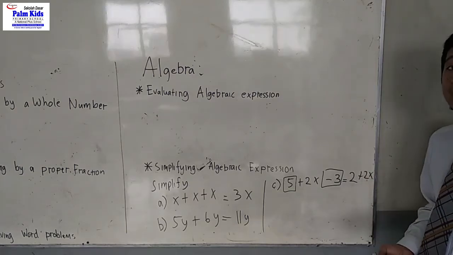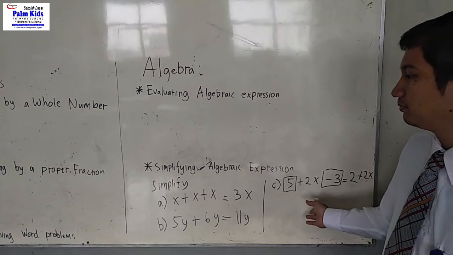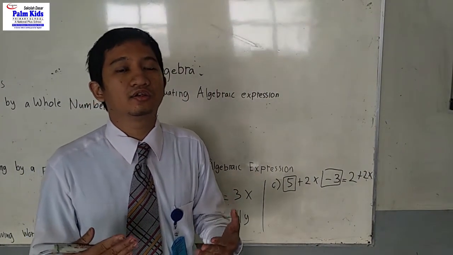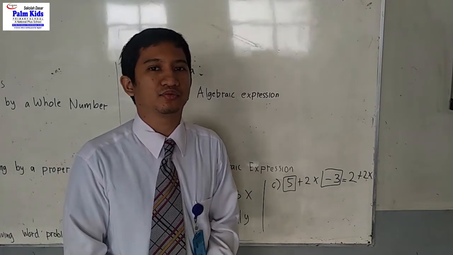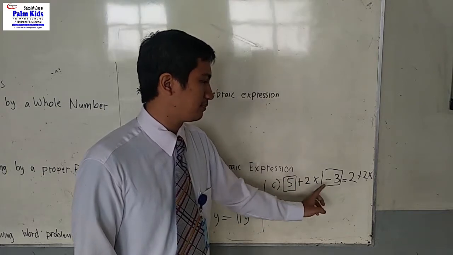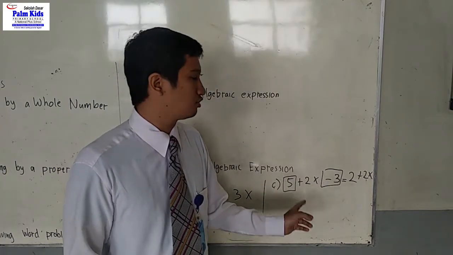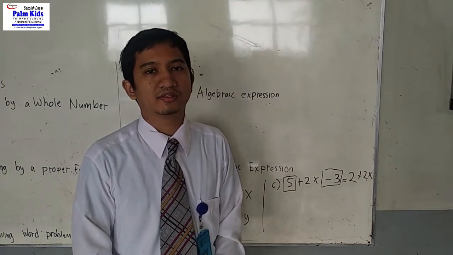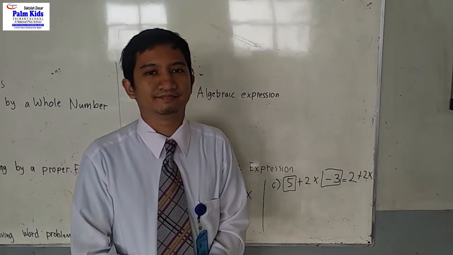Okay? Easy, right? So in simplifying algebraic expression, what you need to do is group them first and then answer them. You cannot add 5 plus 2 minus 3 and then x. Yeah? So only the numbers and only the algebra expression, and then you solve them.